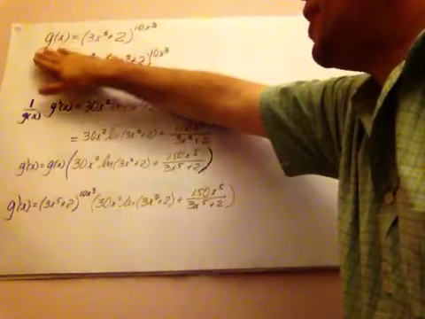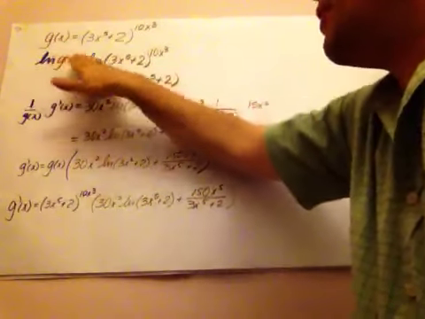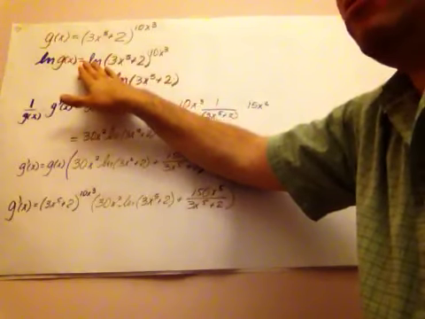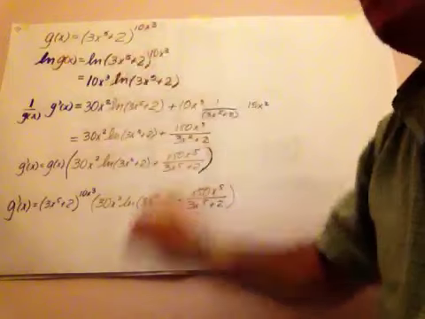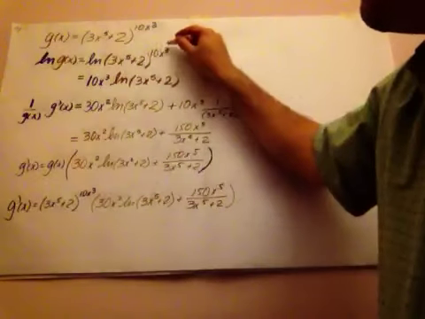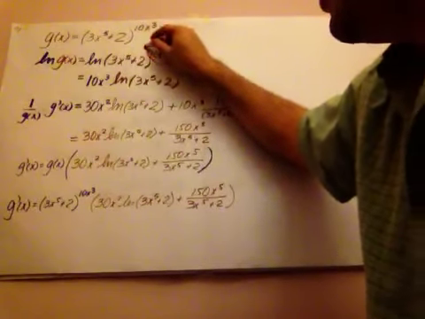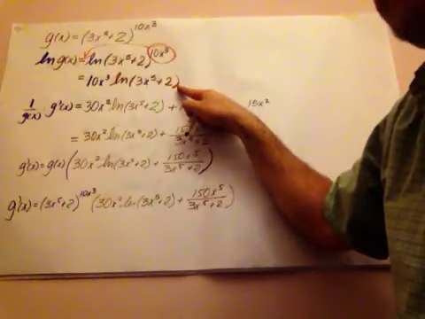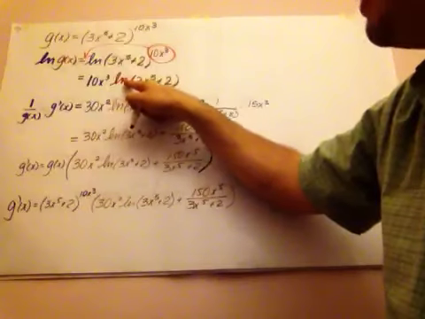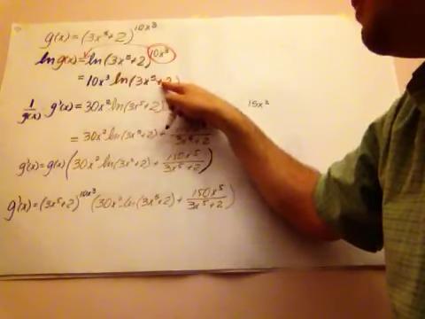So again, we take the natural logarithm on both sides of the equation. And on the right side, we apply properties of logarithms, basically taking this exponent and moving it in front. So we get 10x cubed times the natural logarithm of 3x to the 5th plus 2.